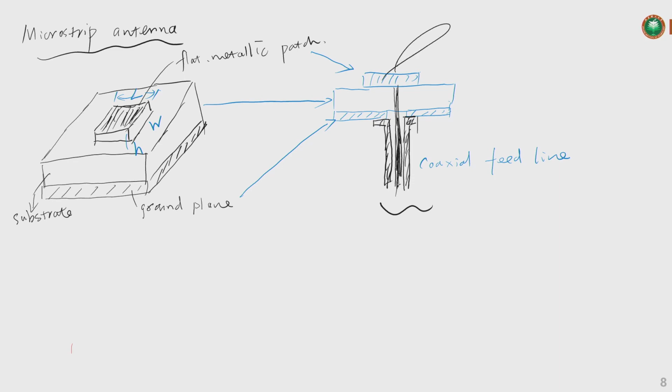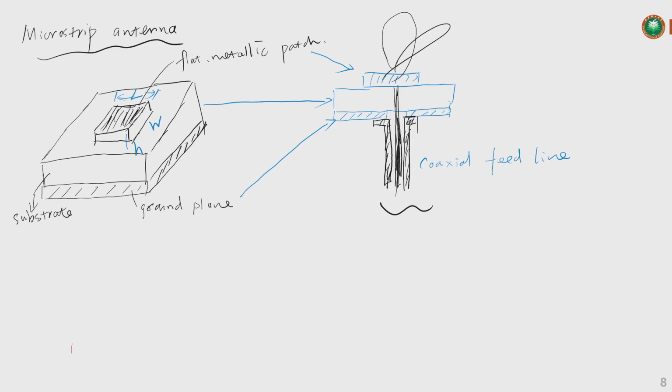Like this one, usually it is along a certain direction. Okay. And this is the microstrip antenna with the coaxial feed line, and also there are other structures.